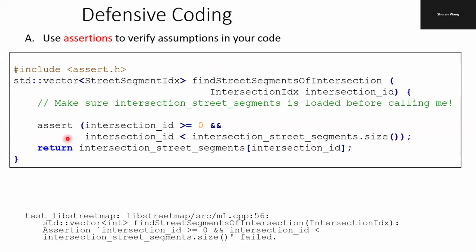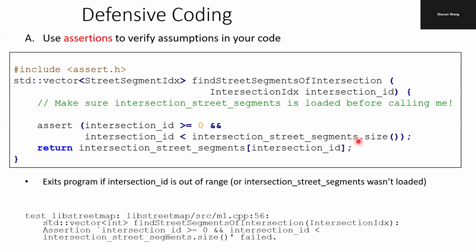So we put an assertion checking whether this is greater than or equal to 0, and that this is less than the intersection street segments vector's size. If we do this, this will exit the program if the intersection ID is out of range or the intersection street segments vector is not loaded.